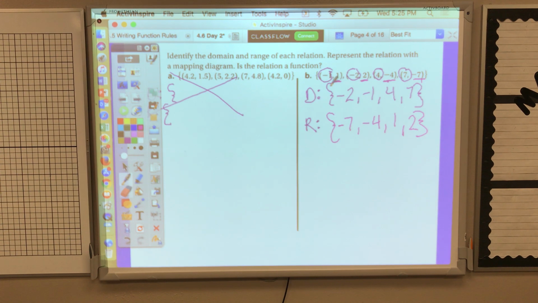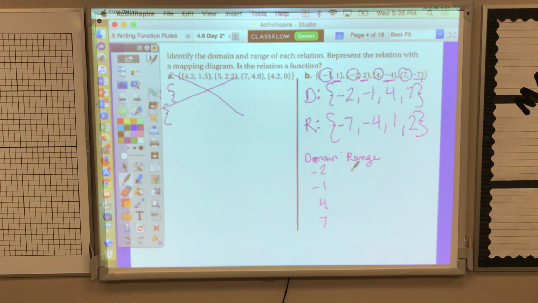Then it wants me to represent it with a mapping diagram. And when you make that mapping diagram, do not abbreviate domain and range. So we need to list our domain and our range, listed in the set: -2, -1, 4, and 7.